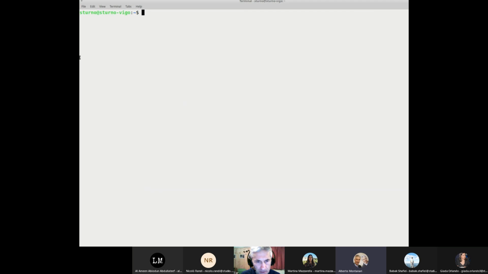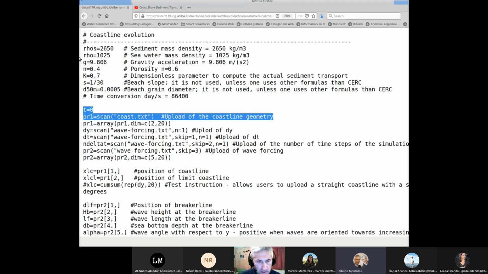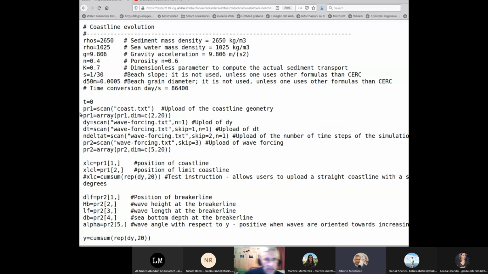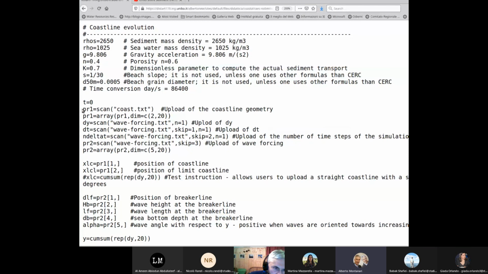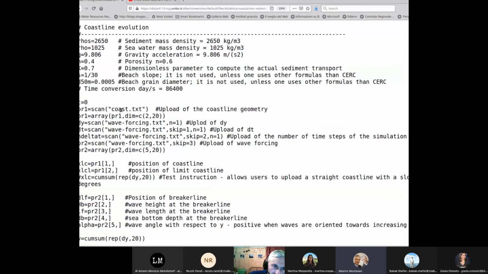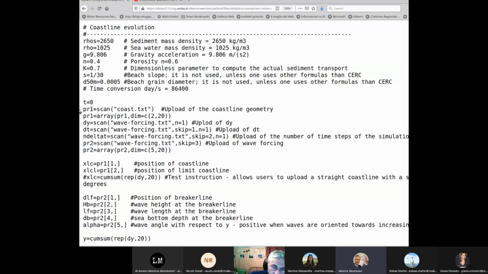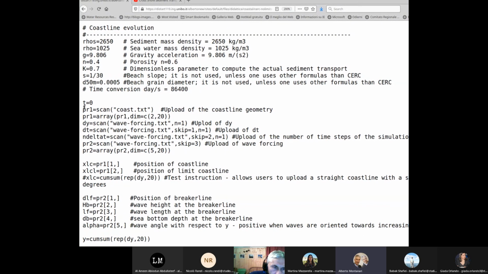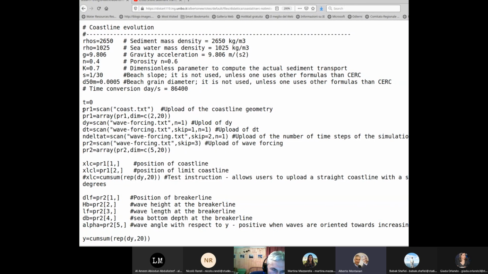Now, I suggest for the next time, first, if you didn't succeed in uploading the data, just try again until you get to this stage.